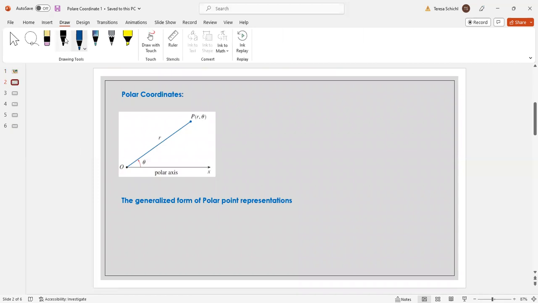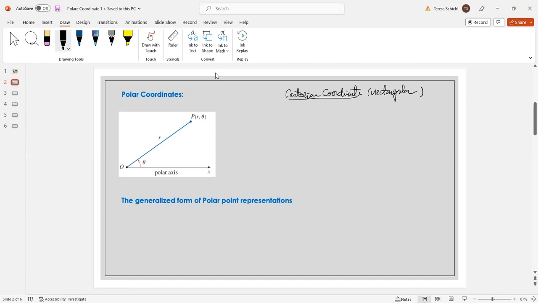Since elementary school, the coordinate system we learned is called the Cartesian coordinates. Some people also call it the rectangular coordinates.